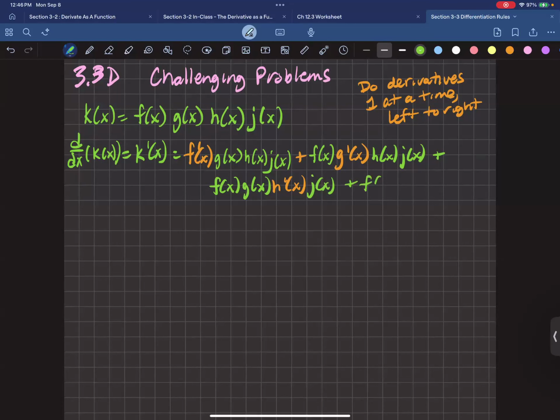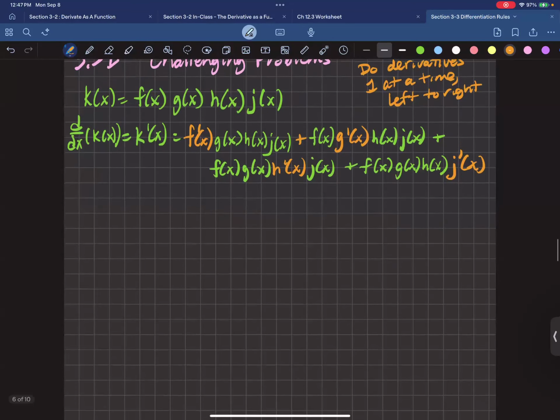And then you do the derivative of the fourth one, leaving the rest alone. And so this means you can have as many things being multiplied together as you want. And you just do it like this. So we'll do an example with 3 parts.